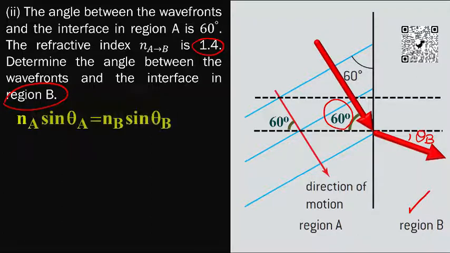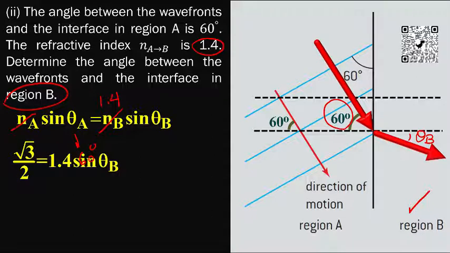I will use the general rule, Snell's law for refraction: NA sine theta A equals NB sine theta B. NA and NB could be simplified, and you can substitute 1.4 for NB given here. Theta A is 60 degrees, so sine theta A is square root of 3 over 2, and then sine theta B is what I'm going to find. Theta B is found to be 38 degrees.